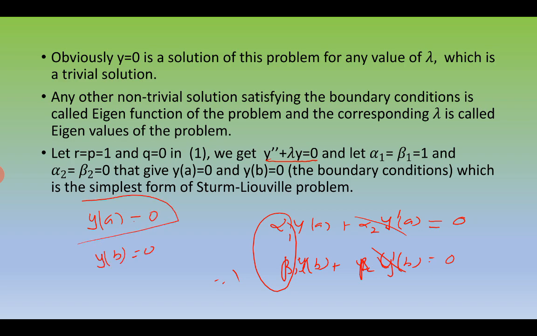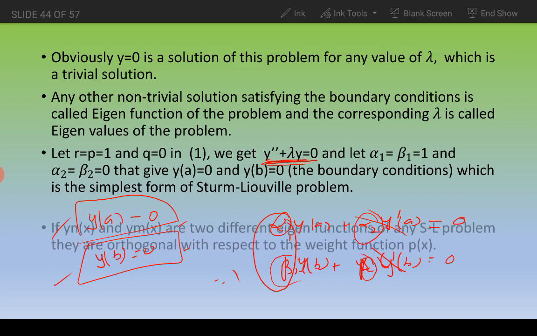At least one boundary condition will be there for the lower limit and one for the upper limit, right? Because both the alphas cannot be zero, similarly both the betas cannot be zero. So this is an example of boundary conditions, the easiest version of the Sturm Liouville problem.